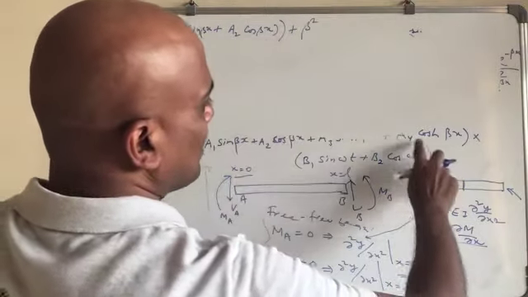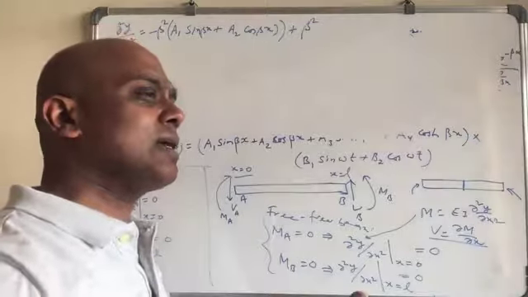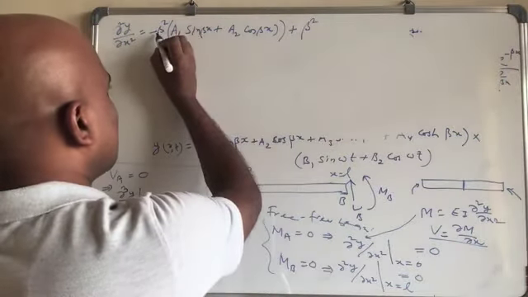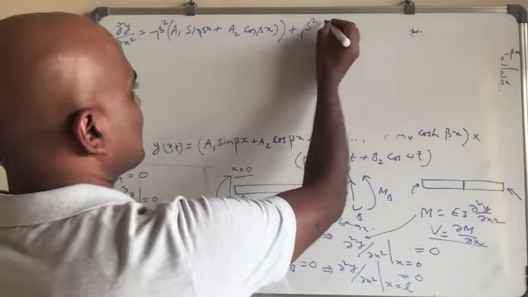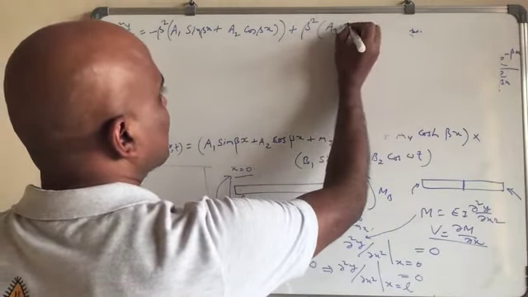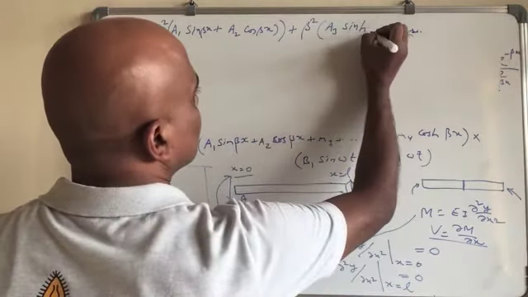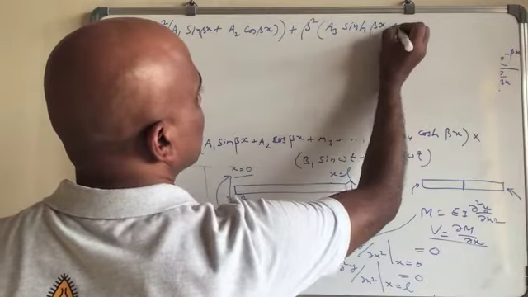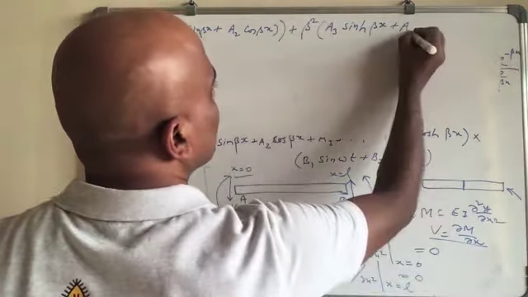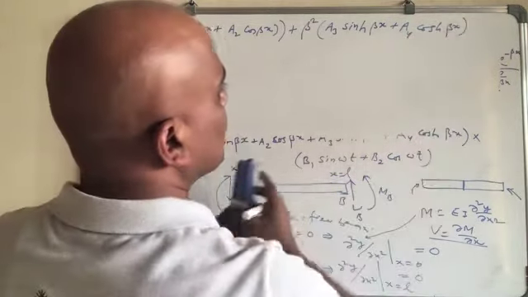For cos hyperbolic or sine hyperbolic, if you take the double derivative, it doesn't get a minus sign, so that's why we get plus. So we have A3 sine hyperbolic beta X plus A4 cos hyperbolic beta X.